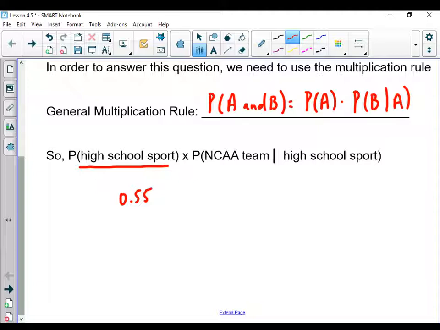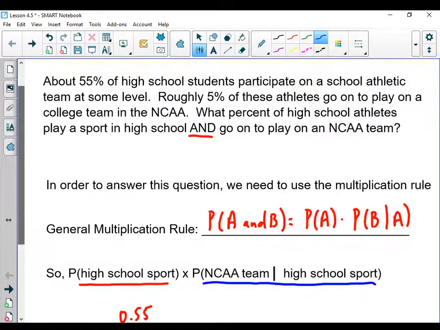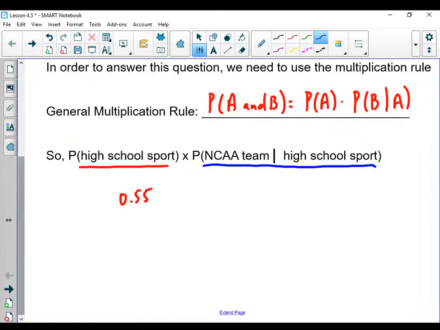I'm going to multiply that by the probability that they played on an NCAA team, given that they played a high school sport. That was the other piece of information we had here. They said that roughly 5% of these athletes go on to play for a college team. So the decimal here would be 0.05.